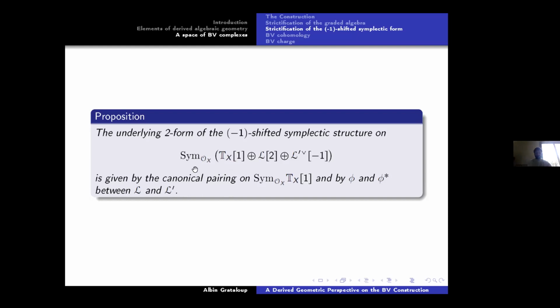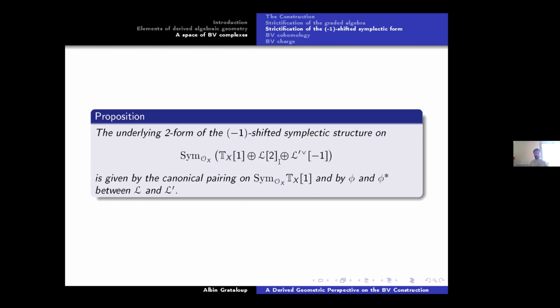You can show that it corresponds to the pairing, but on the symplectic level you can phrase it using the symplectic structure. It's going to be the canonical symplectic structure on this side, and it's going to be the pairing of L and L prime. When you use phi and phi dual to go from L to L prime and from L prime dual to L, you use them to pair the two together.